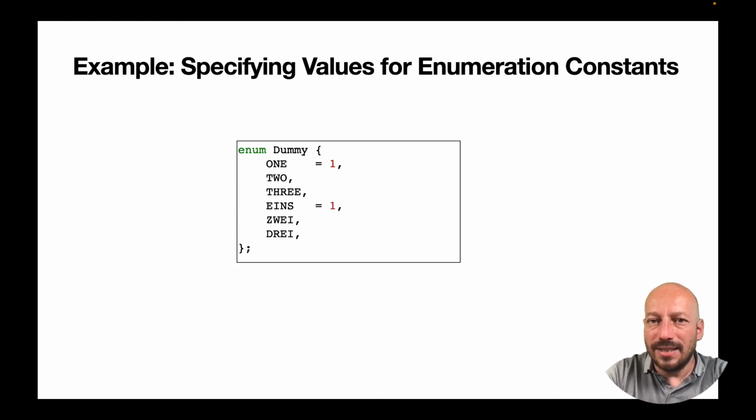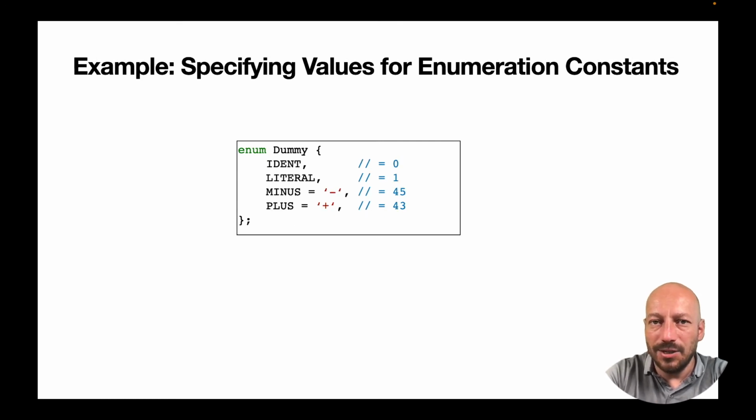Now in the next example, you see that it is possible to have different constants with the same value, because I'm resetting the counter after a while to 1. That means I have two constants with the value 1, two constants with the value 2, and so on. Now here, this is probably what I want. But in other cases, like here, I should be sure that all these constants actually have different values.